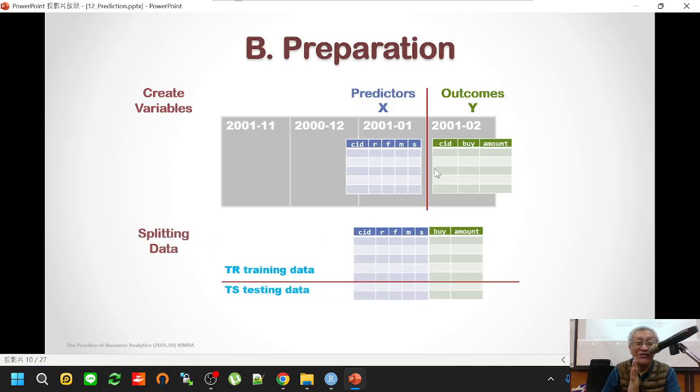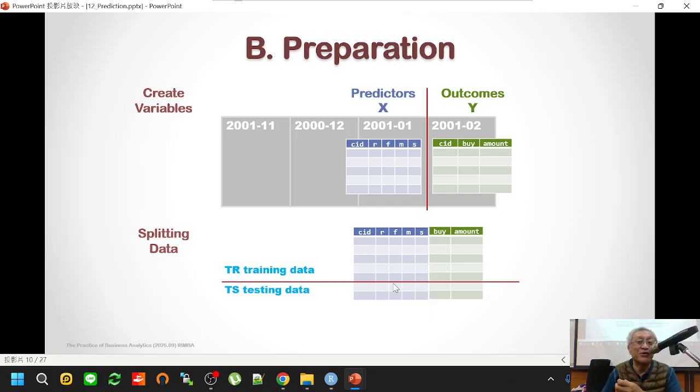And then after doing this split, we also need to split the training and testing data, right? Okay. So we combine this X and Y, we will have a data frame, right? And in this data frame, each row is a customer. So we have a data frame of about 30,000 customers here, right?